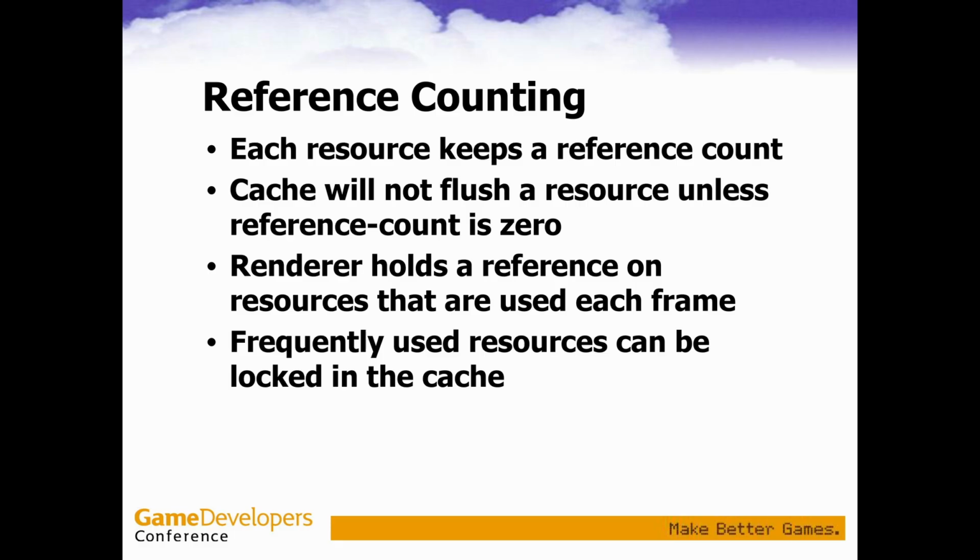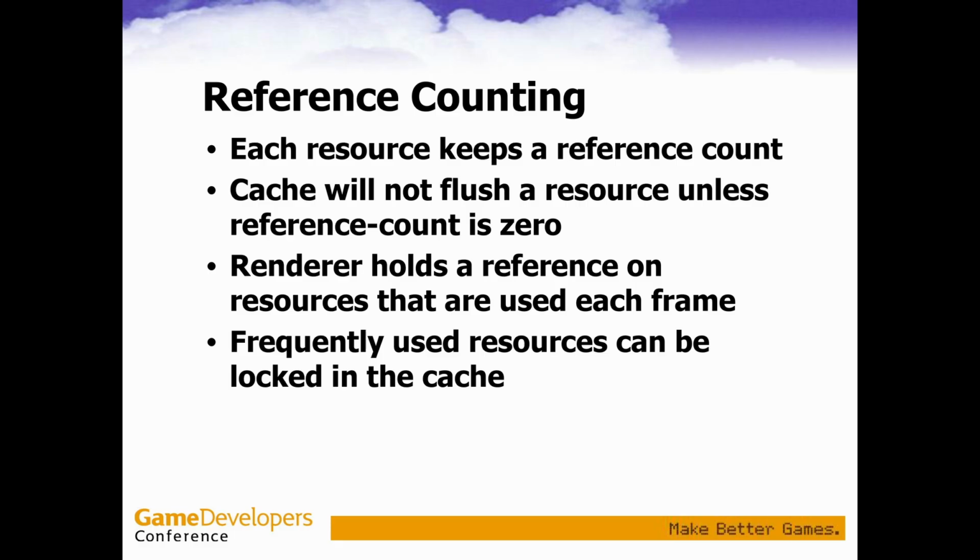So the cache will never flush a resource unless the reference count is 0. And so if anybody's using it or captures it, the reference count will always be non-zero. It also allows multiple pieces of code to access the same resource at the same time.